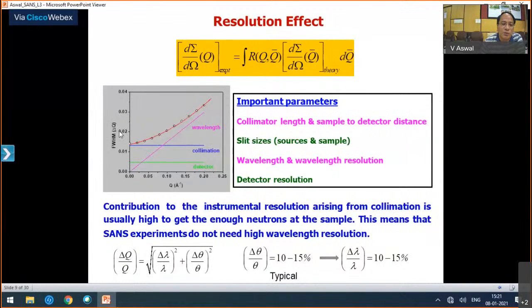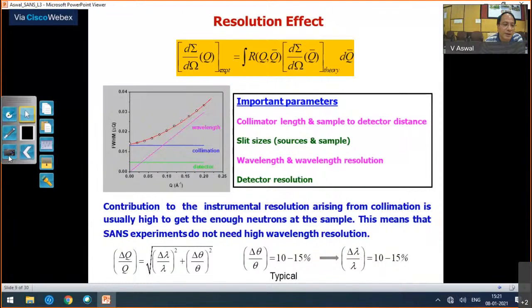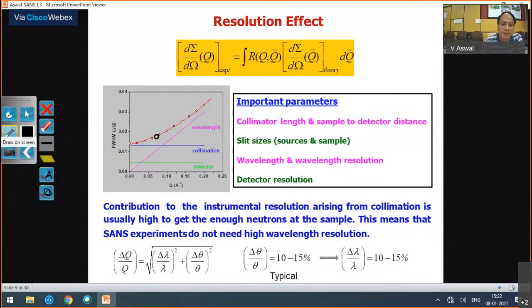And this delta Q, in the case of the collimation effect, is a constant as a function of Q. But in the case of wavelength, it will increase as the value of Q increases. But in small angle neutron scattering, for the length scale of interest, to get enough scattering in a feasible time, usually you have this delta theta by theta of the order of 10 to 15%.